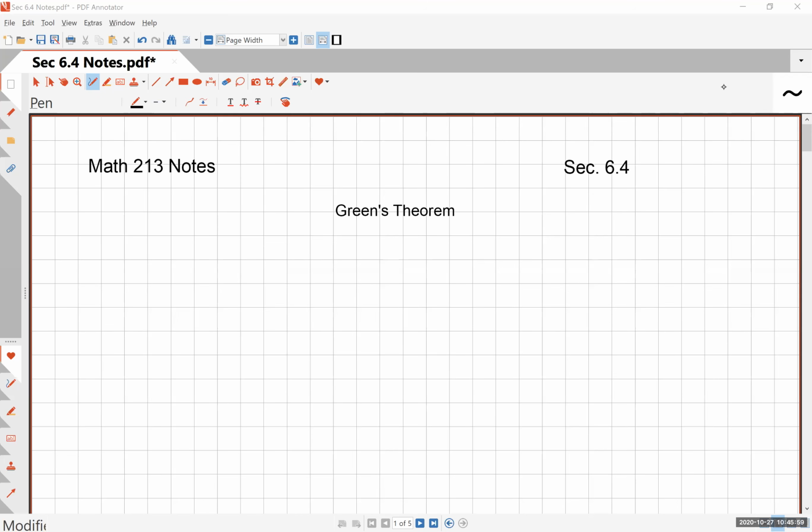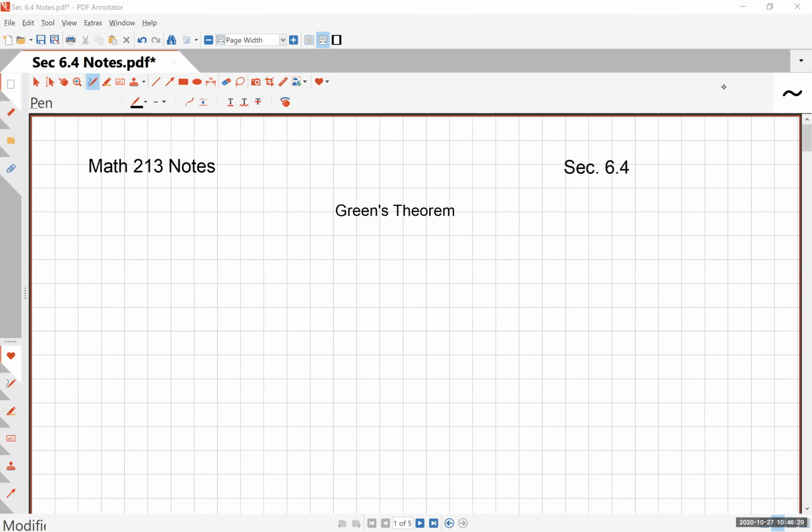Okay, so section 6.4 is the first of the three named theorems in chapter 6. I should say four, because we already had the fundamental theorem of line integrals. The other three are Green's theorem, which we will be discussing today, followed by Stokes' theorem, which is one dimension even higher than Green's, and then we will end this chapter with the divergence theorem.